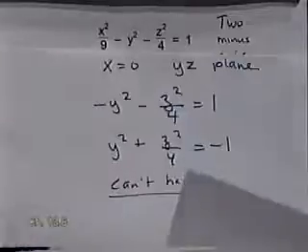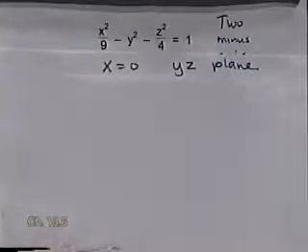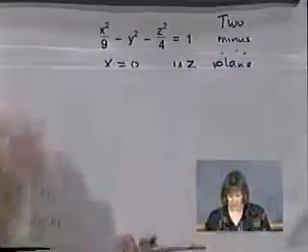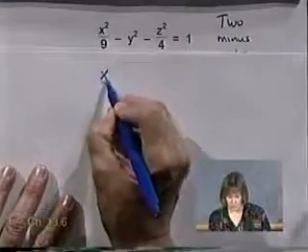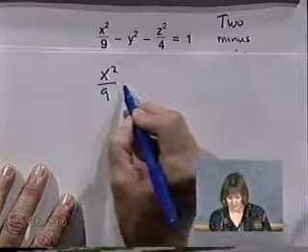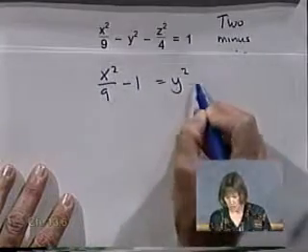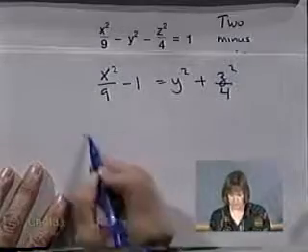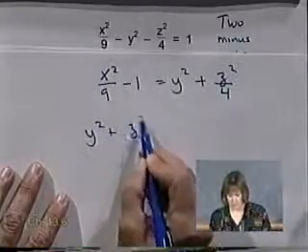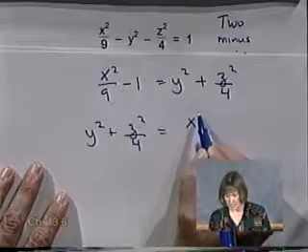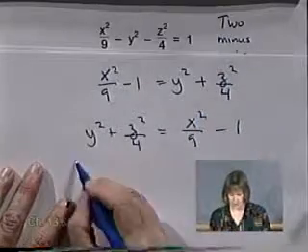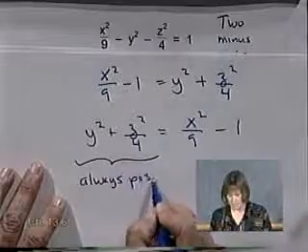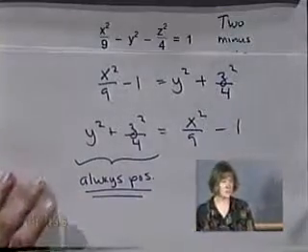Since x equals 0 doesn't work, I'm going to try other x's. If I take this equation, I'm going to leave the x on this side, and put the y squared and the z squared over 4 on this side. So I have y squared plus z squared over 4 equals x squared over 9 minus 1. Notice this side is always positive.